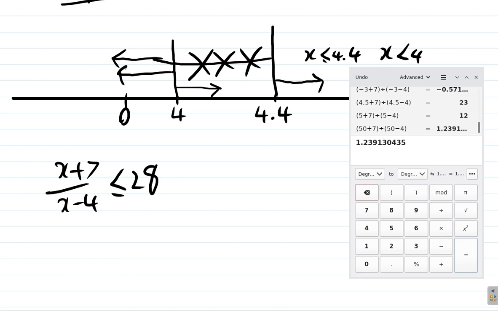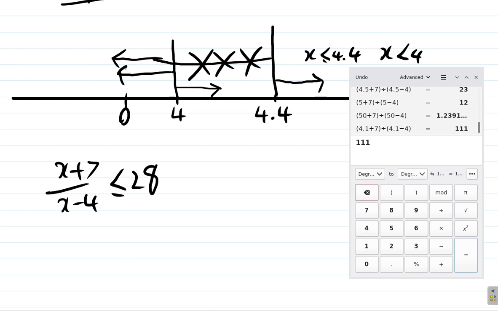Now, let us try a number that is between 4 and 4.4 and see what will happen. Let's try 4.1. 4.1 plus 7 over 4.1 minus 4. 111 is greater than 28. As expected, it did not work.